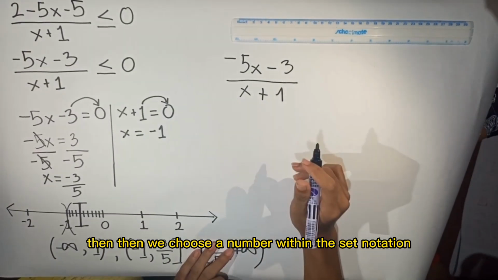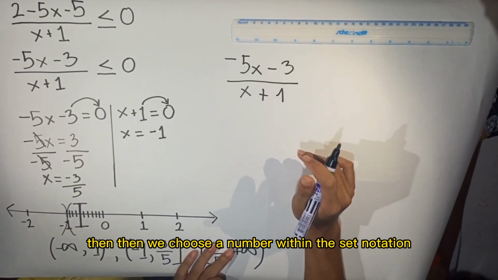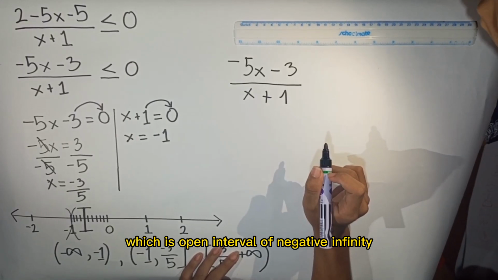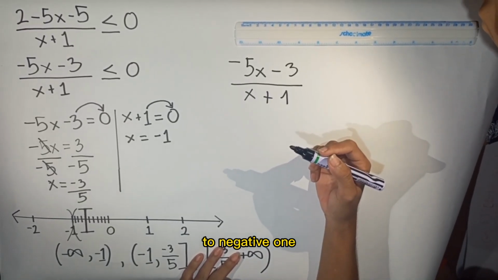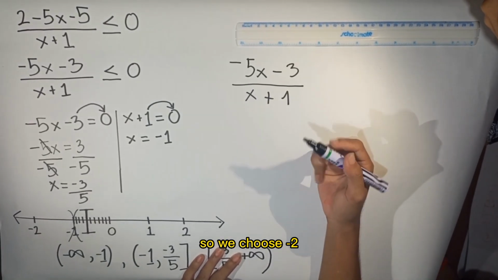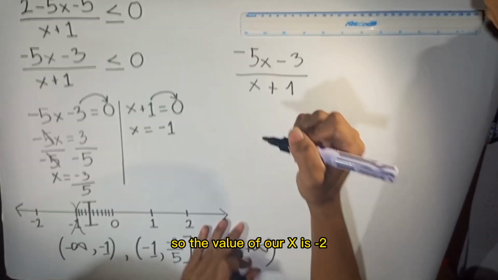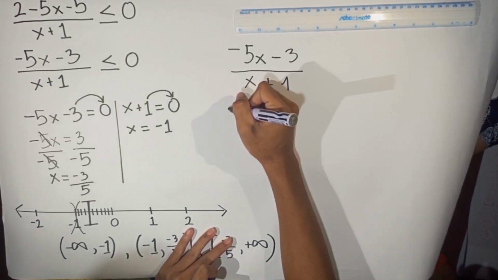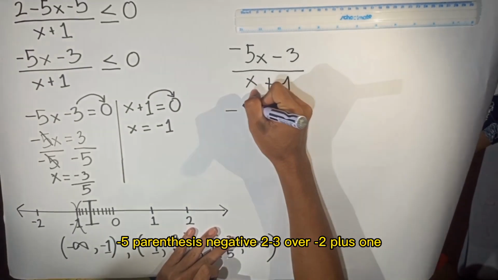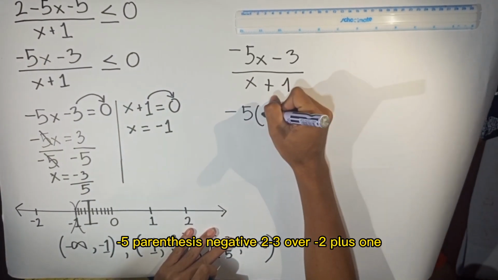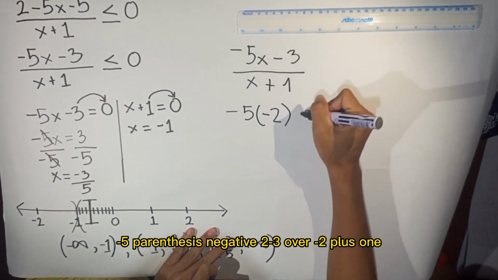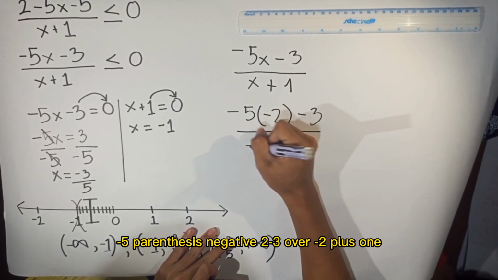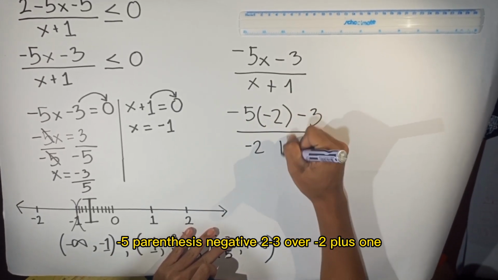Then we choose a number within this set notation, which is the open interval of negative infinity to negative 1. So we choose negative 2. So the value of our x is negative 2. Negative 5 parentheses negative 2 minus 3 over negative 2 plus 1.